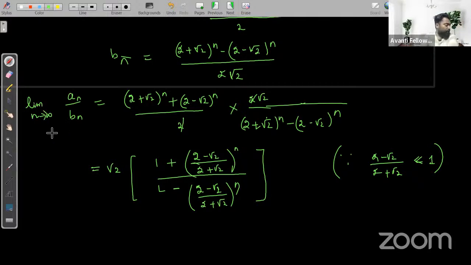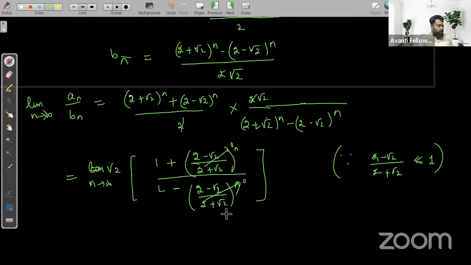If you're putting limit n tending to infinity, suppose here I'm also putting limit n tending to infinity, so this will be 0, and this is also 0. This will be 0, right?